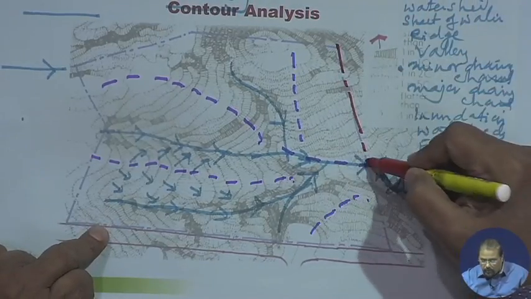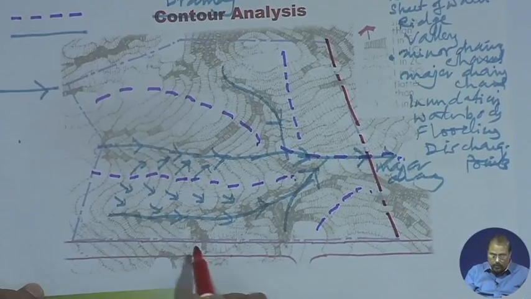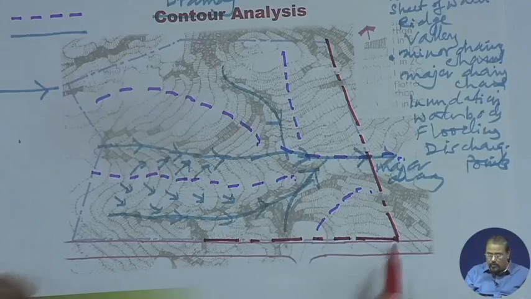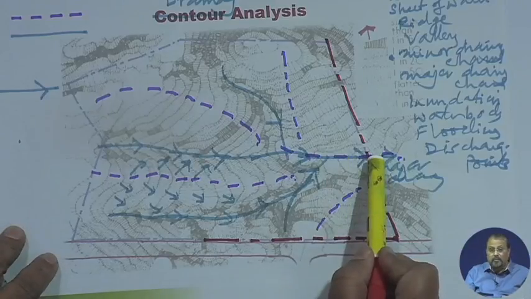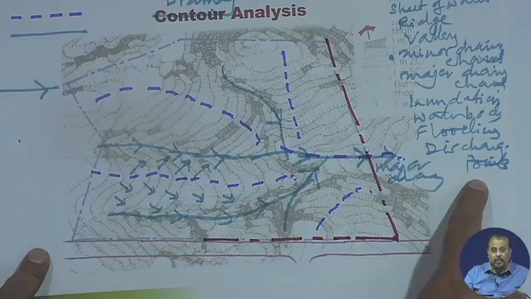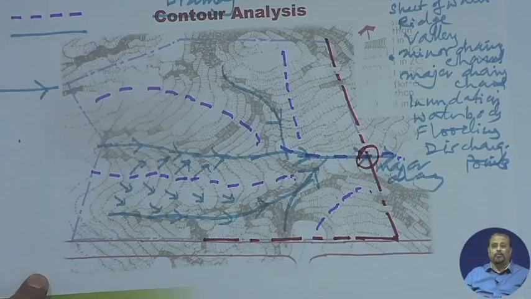I have deliberately kept it faint so that you don't get confused with other lines which I am drawing. This is my sight line, and this is the point where the water is being released. So this is my discharge point from my side.